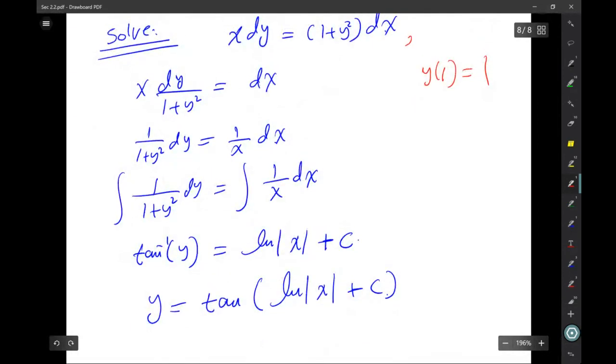So replace each x by 1 and each y by 1, and 1 is equal to tan of ln of 1 plus c.